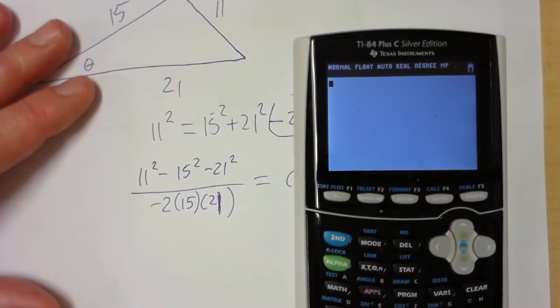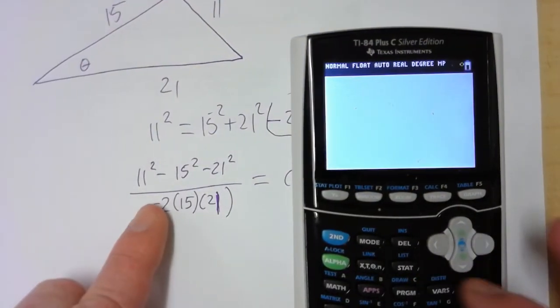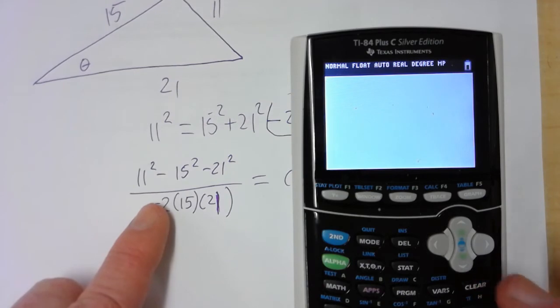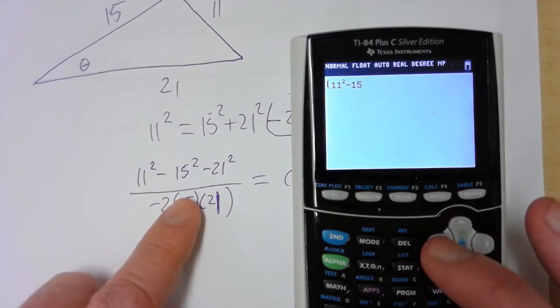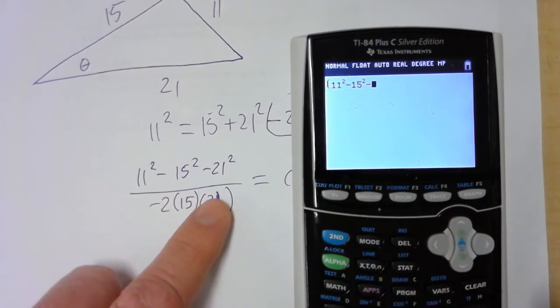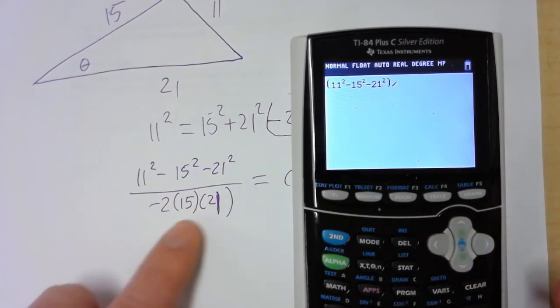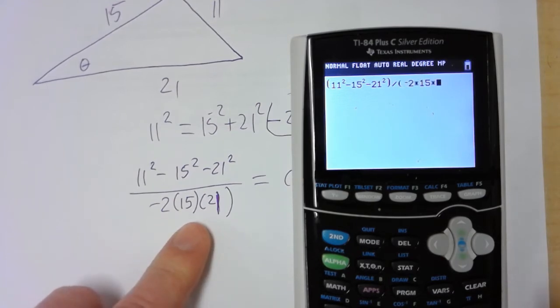So here we go. Just typing this in. I'm going to do left parenthesis 11 squared, which is 121, minus 15 squared, minus 21 squared, close parentheses, divided by parentheses, negative 2 times 15 times 21. Close your parentheses, and boom.